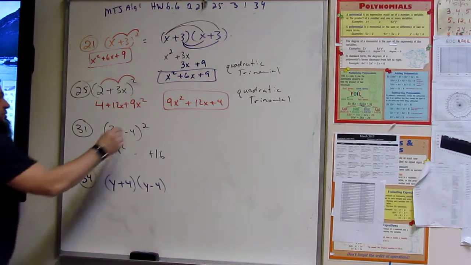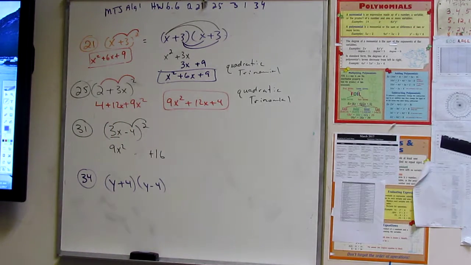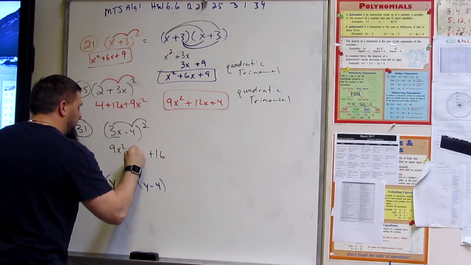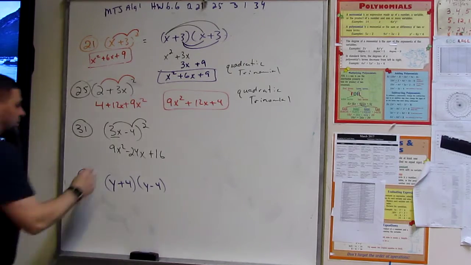But what is 2 times negative 4 times 3? 2 times negative 4 is negative 8. Negative 8 times 3? Negative 24. So we got negative 24x. It's that simple. All day.